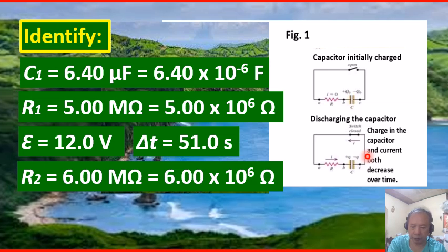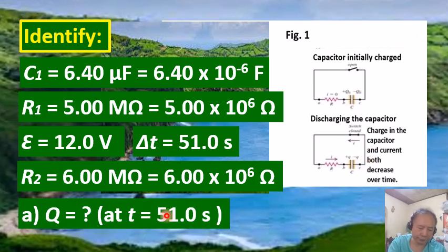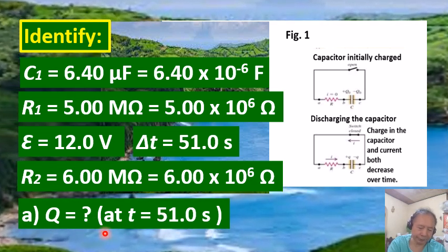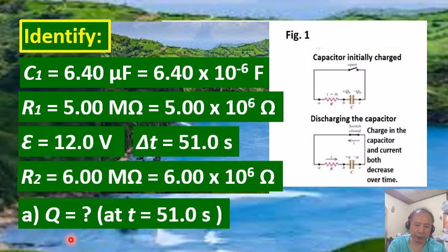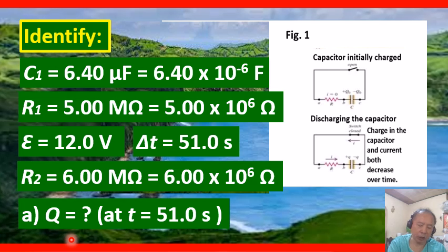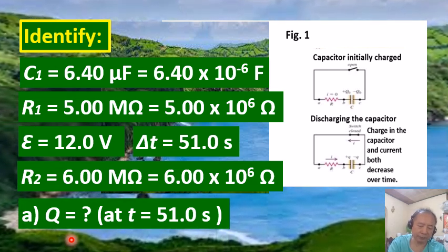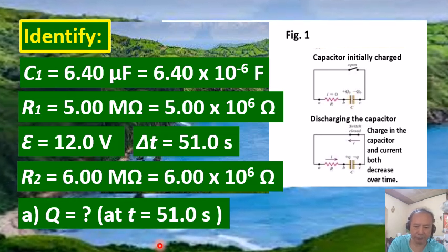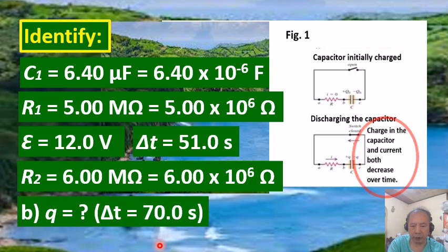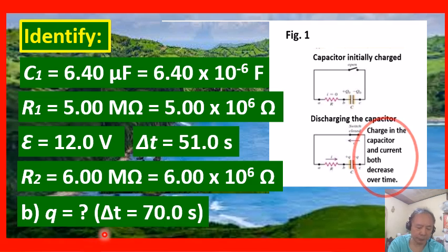And our target variables: we have in part 1, or part A, the charge capital Q, all right? The charge on the capacitor when you disconnect it from the first circuit, and the other target variable in part B is the charge small q, right?